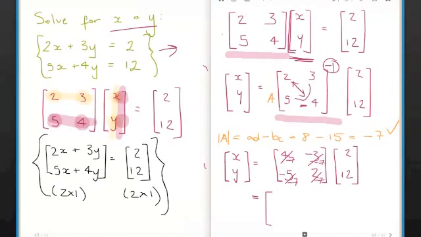So now let's write this a bit better. I swap, minus, minus, and divide by the determinant. So I have 4 over minus 7. Then I have minus 3 over minus 7, so I can just call that 3 over 7.